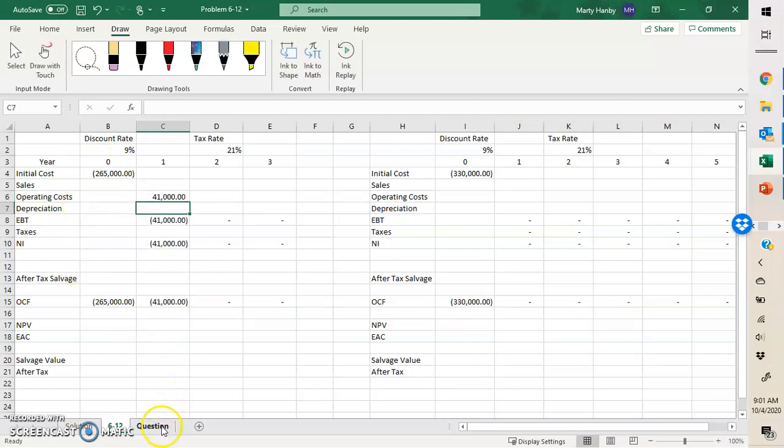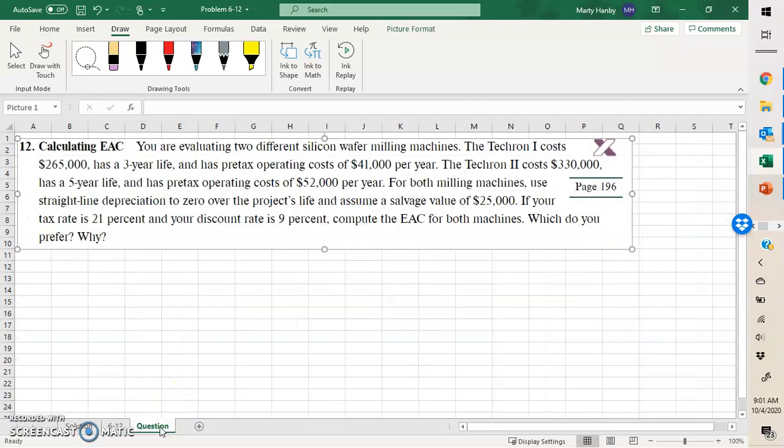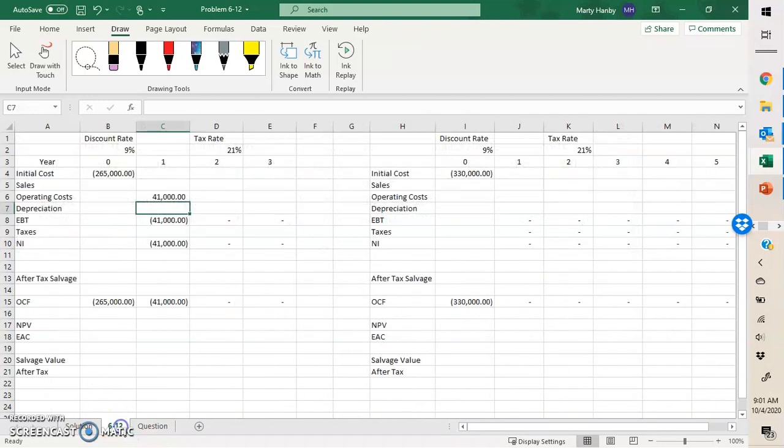Just double check that, and then 52,000. We'll go ahead and enter the 52,000 over here. So I've got the 3 years for Techron 1 and the 5 years for Techron 2.